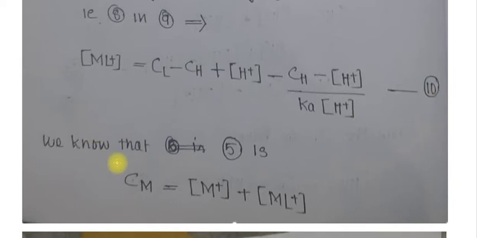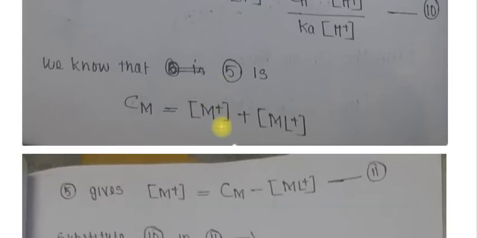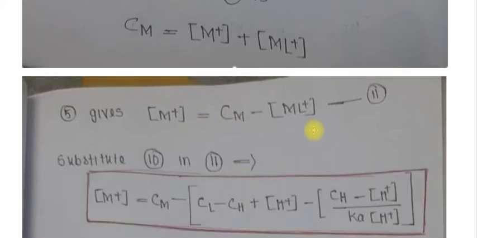And we also know that equation 5 is Cm, that is equal to concentration of M plus plus concentration of Ml plus. Equation 5 gives the value of M plus. From this equation we will get the equation for the concentration of M plus, that will be equal to Cm minus concentration of Ml plus, and that is given as equation number 11.